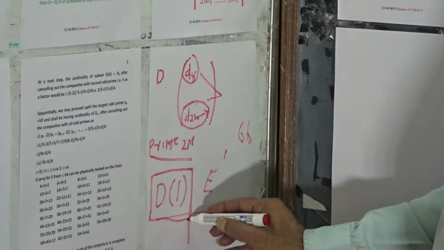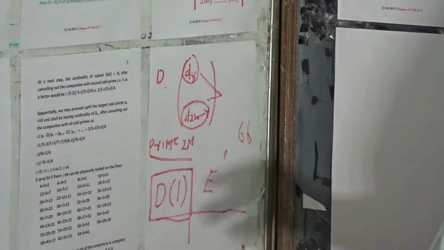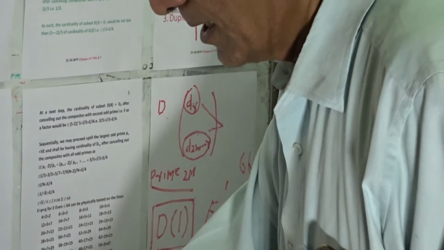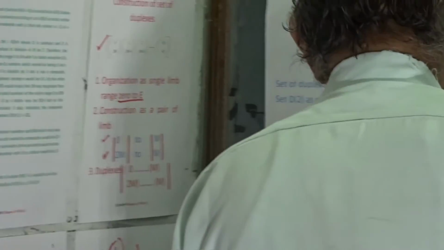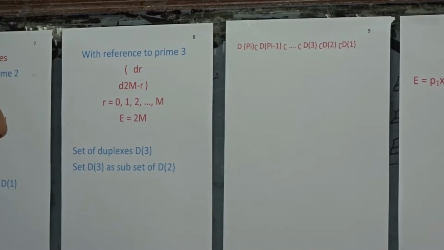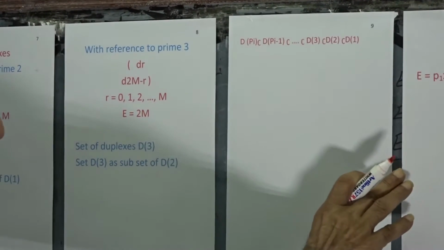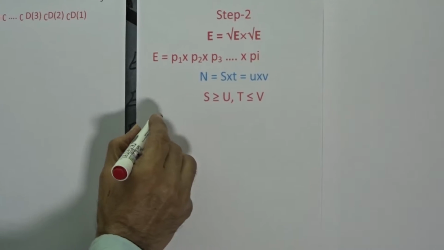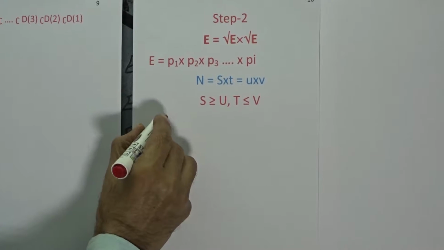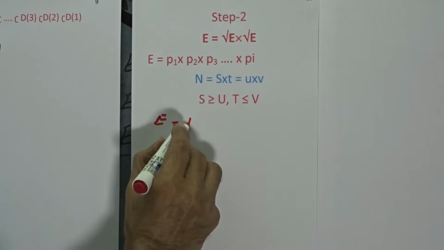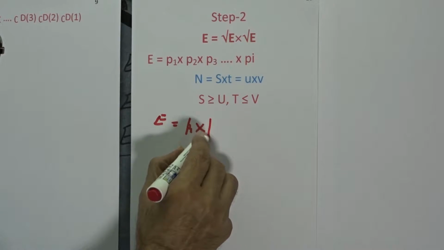Now as a step 2, the reach mechanism technique is going to be that if there is a number, say E, then it would be taken as if it is a product of the primes.